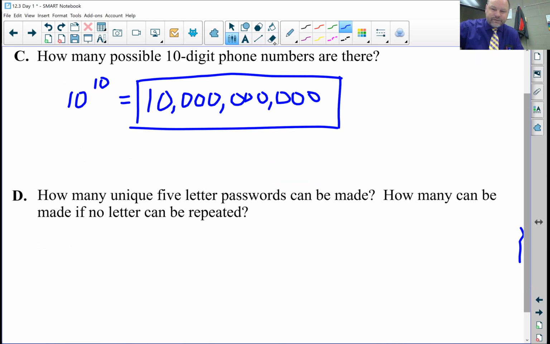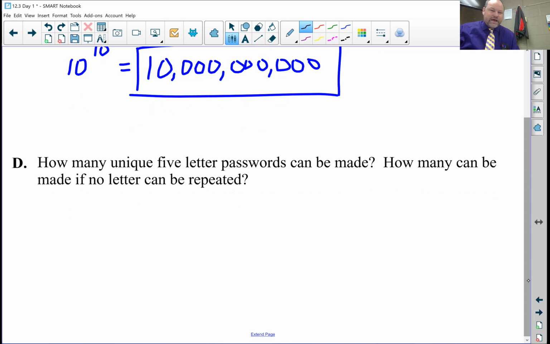All right. Letter D. How many unique 5-letter passwords can be made? For the first one, we will allow repetition.